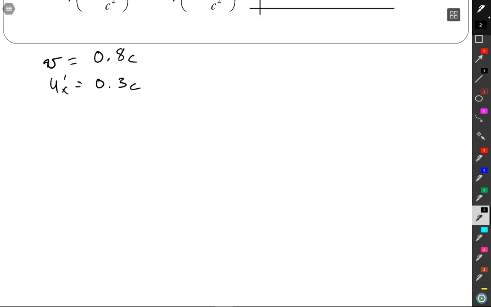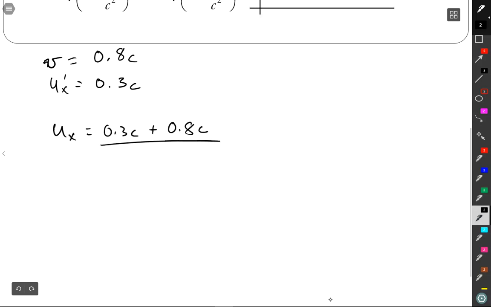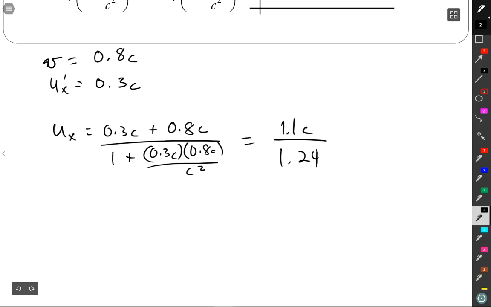We can't achieve anything like that, but hey, for Star Wars, or Star Trek, that's a pedestrian speed. So the speed of that torpedo as measured from the unprimed frame would be 0.3c plus 0.8c over 1 plus 0.3c times 0.8c over c squared, which is 1.1c on top divided by 1.24 on the bottom.